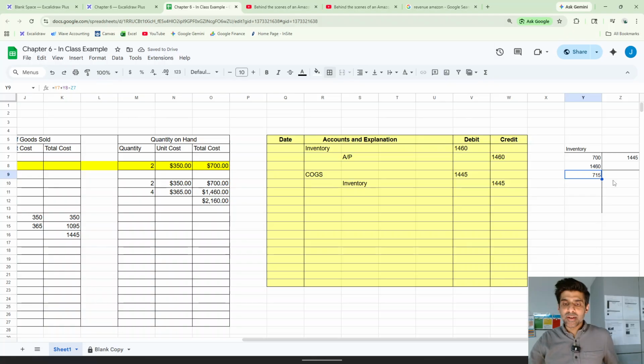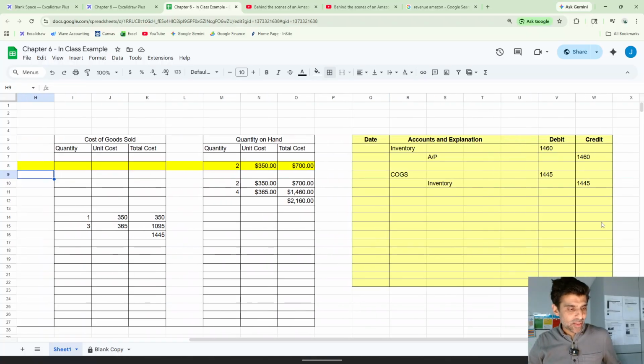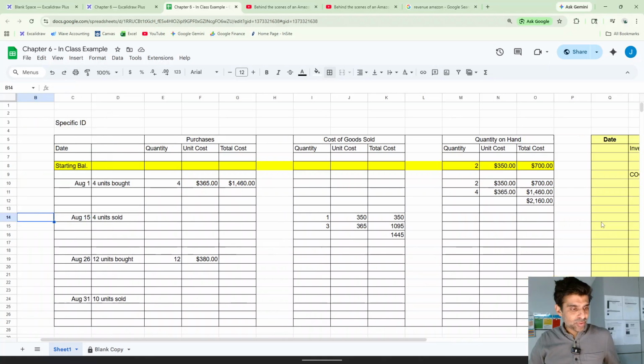I should expect to see after this transaction a value in my inventory of 715. Let's verify that. I've sold 4 units, and they were of this mix, right? So how many units of this 350 do I have? 1, right? So 1 at 350. And then how many of these 365 units? Also 1.